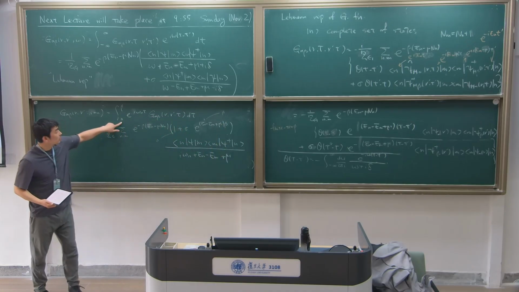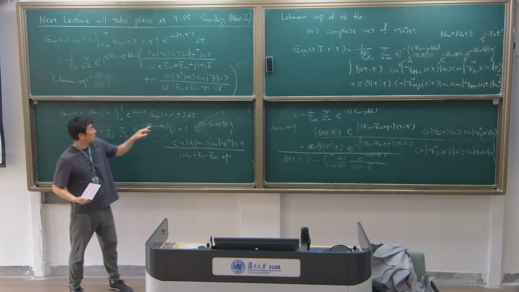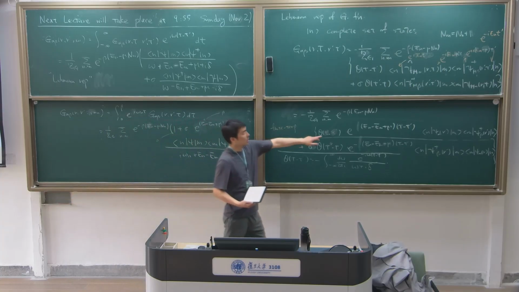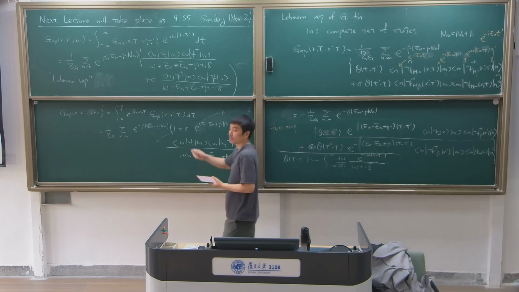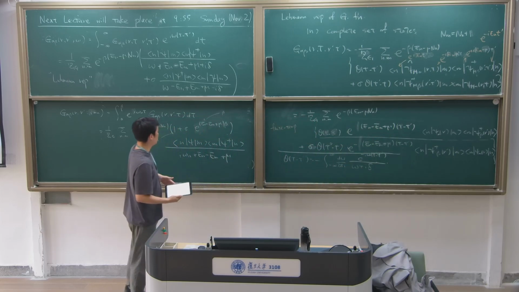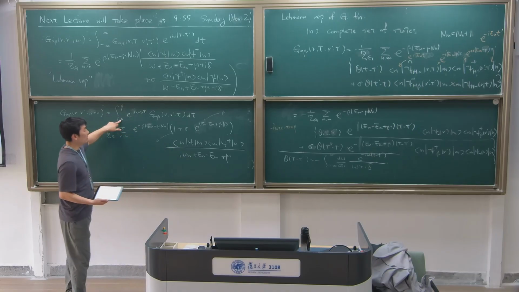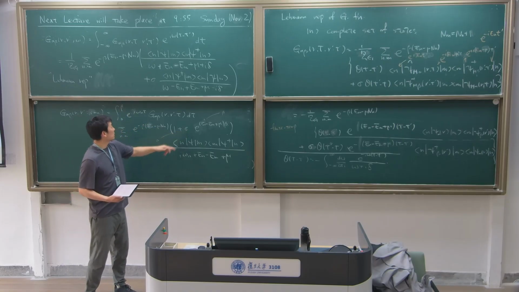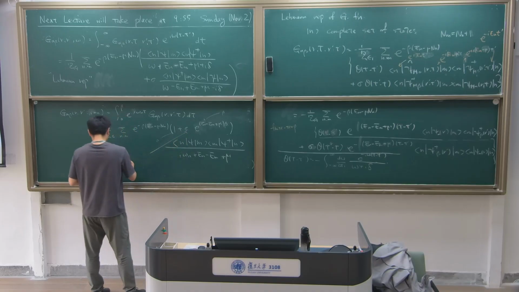So you have to integrate from 0 to beta. Essentially the d tau integral is e to the i omega n tau, and also e to the this one. That's essentially what this d tau integral will do. And once you do the integral, you get the denominator, and from the bottom end you get the 1, and from the upper end you get the plus sigma. Sigma is coming from e to the i omega n beta.